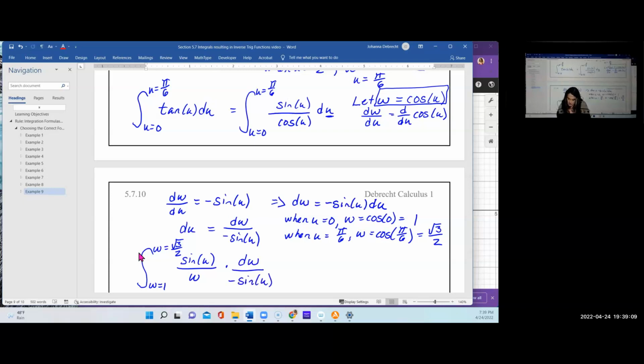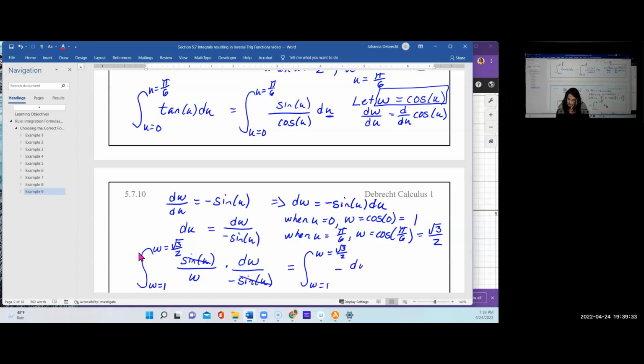Notice that the sine of u's cancel out, but I still have the negative. I can either leave the negative or I can switch the limits of integration to take care of the negative. Let's first write it with the negative still in there, and then we'll swap the limits of integration so that we can take care of the negative.